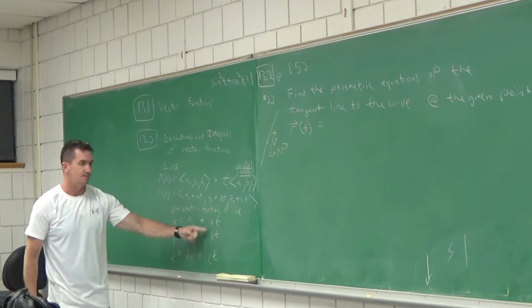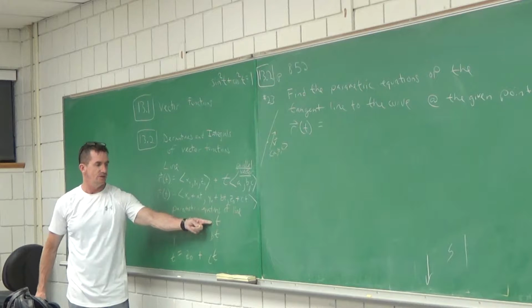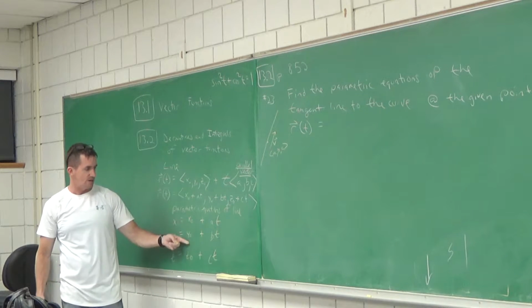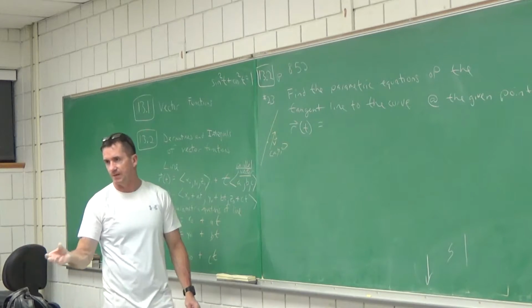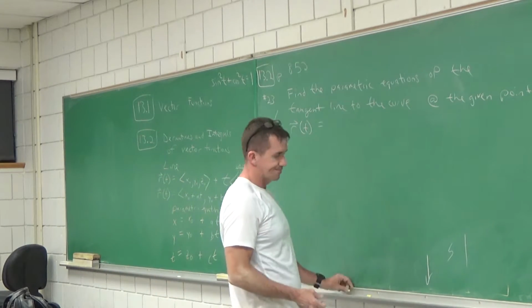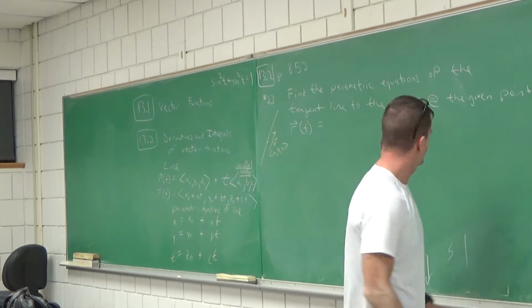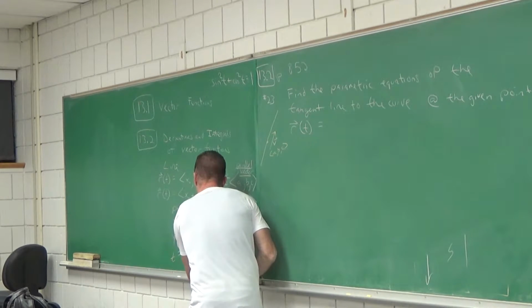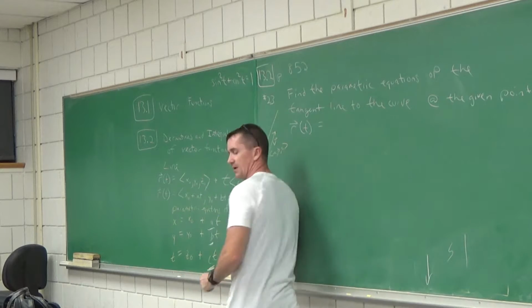The a, b, and c. This a, b, c is the parallel vector. This x naught, y naught, z naught is just the point on it that they're talking about. But the key is these numbers right here will be the parallel vector.